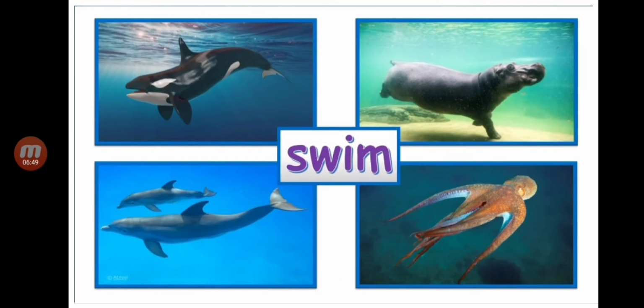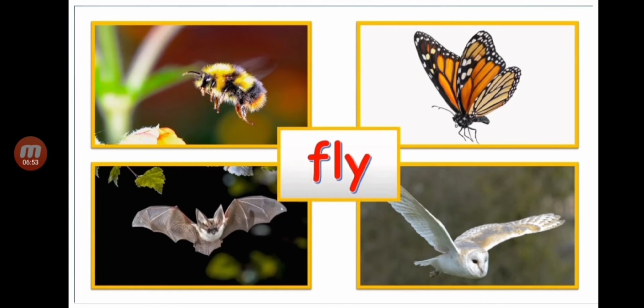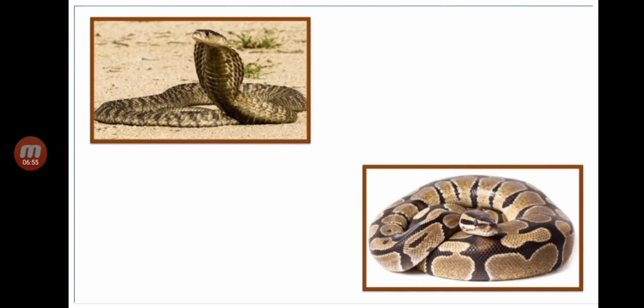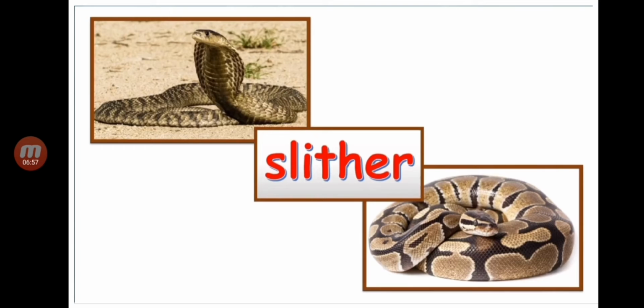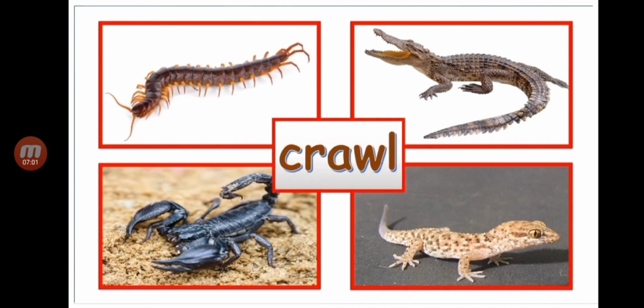The one is swim, and this one is they fly. Snakes slither, and the scorpion, alligator, and gecko, they crawl. So that's all about how animals, or how living things move. How do animals move? Okay.